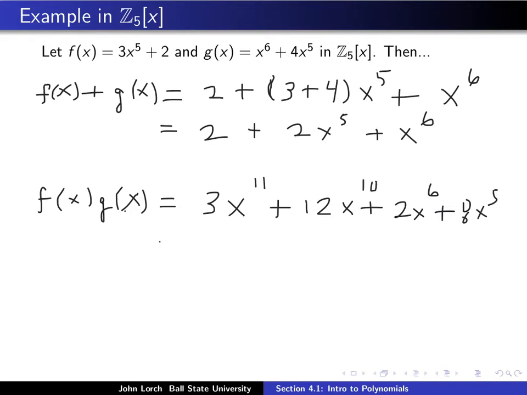But now we remember that our coefficient ring is Z5, and so we want to make sure that we write all of these coefficients in Z5. So this would be 2x to the 10th instead of 12x to the 10th. And instead of 8x to the 5th, that would be 3x to the 5th.